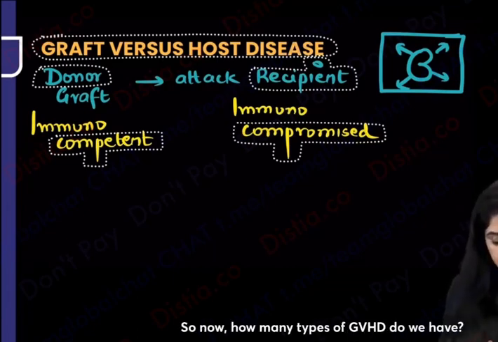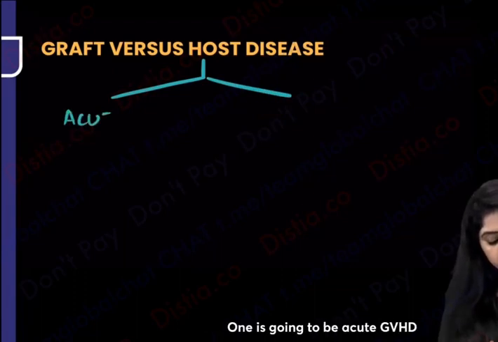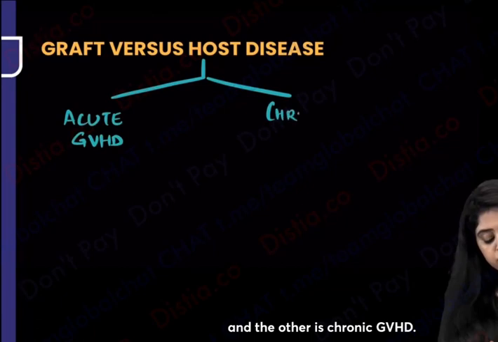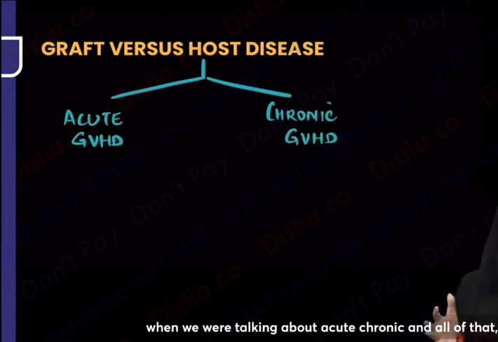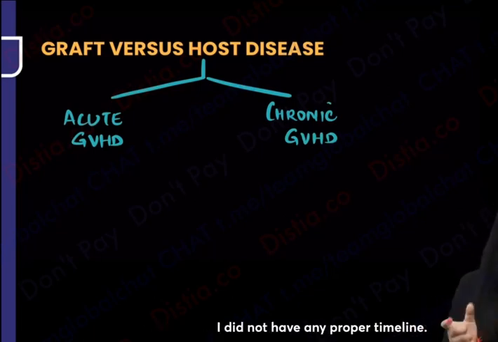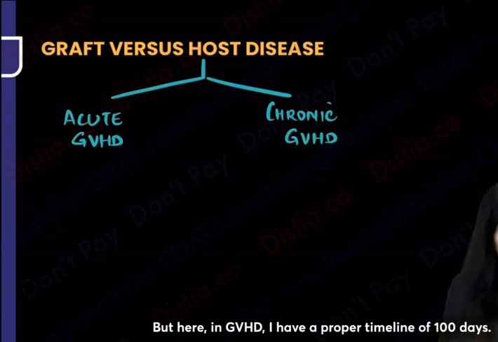So now, how many types of GVHD do we have? GVHD is of two types. One is acute GVHD and the other is chronic GVHD. So see, in the previous one, when we were talking about acute, chronic and all of that, I did not have any proper timeline. I used to say weeks to months, months to days, all that. But here in GVHD, I have a proper timeline of 100 days.